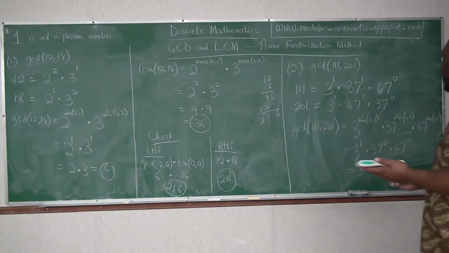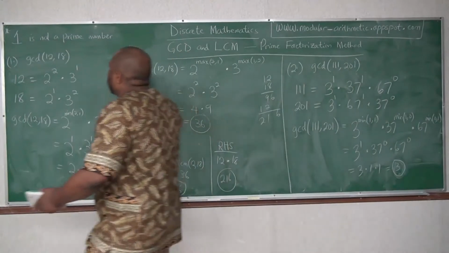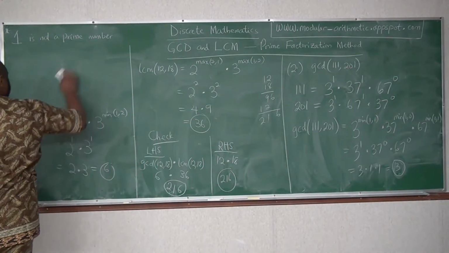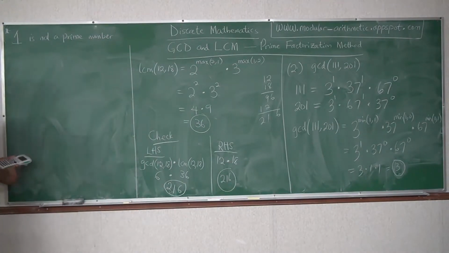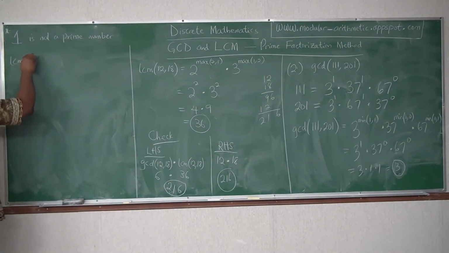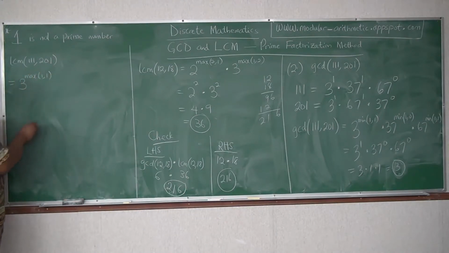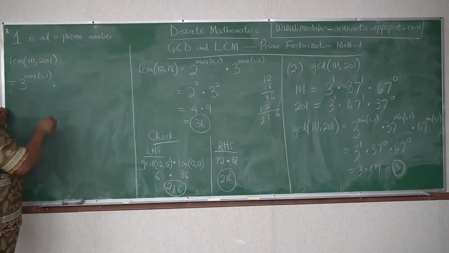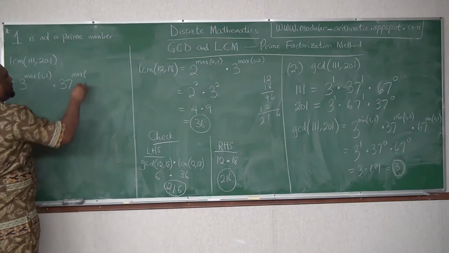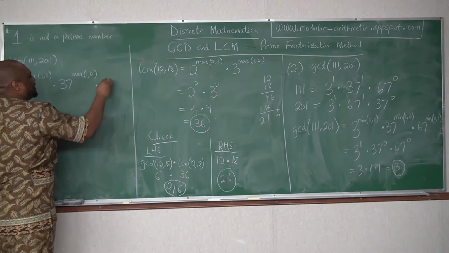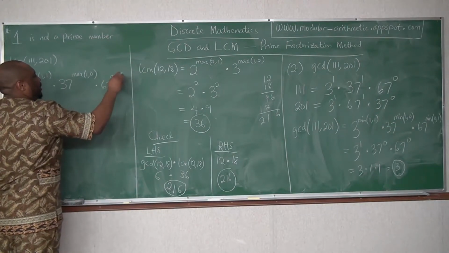Okay? Now let's find the LCM. The LCM of 111 and 201 will give us 3 exponent maximum of 1 and 1, times 37 exponent maximum of 1 and 0, times 67 exponent maximum of 0 and 1.